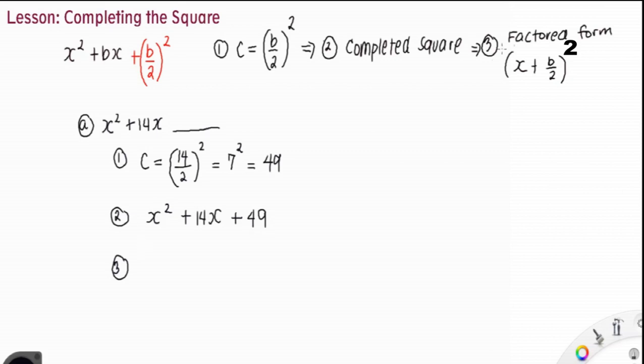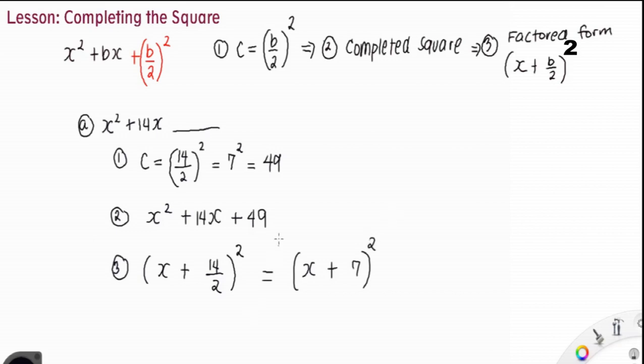So we can apply this pattern, right? So we have x plus b. So our b, once again, our second leading coefficient, which is 14, over 2, and then quantity squared. We must simplify this number. Then we have x plus 7 quantity squared.